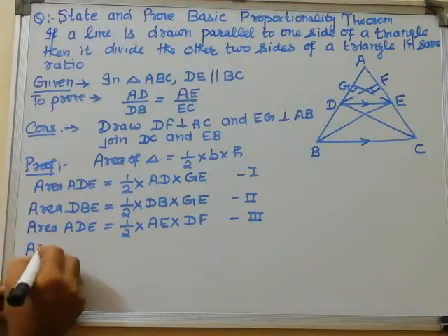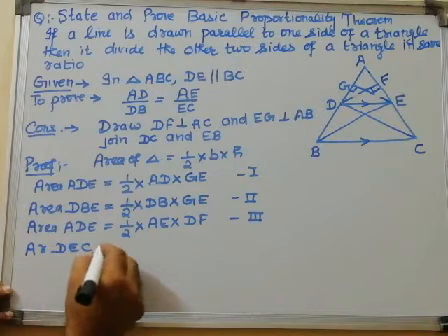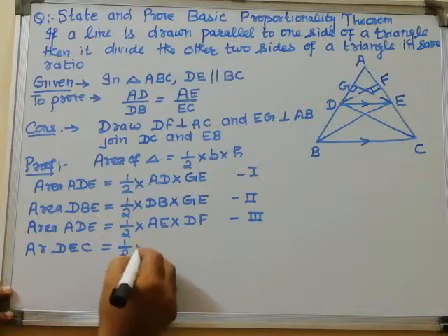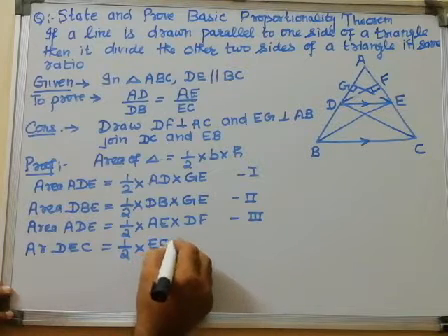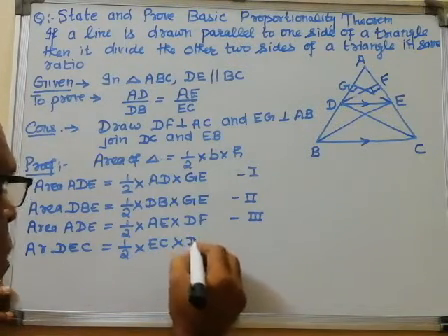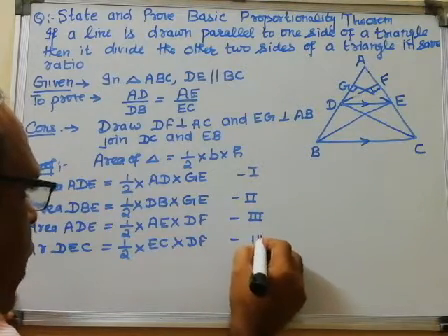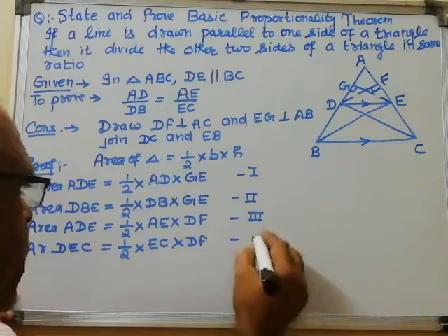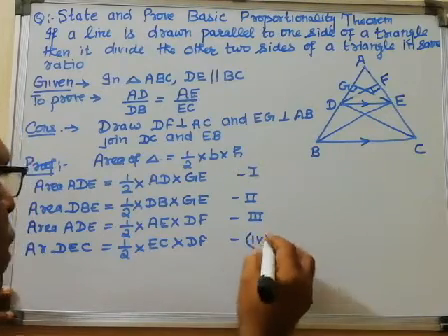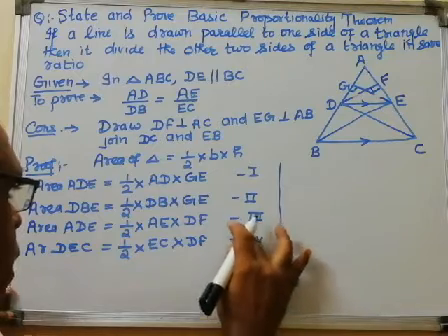Again area DEC, again half of base is EC now. Height of that triangle is also DF. Sometimes the height, the altitude, is outside the triangle in case of an obtuse angle triangle. So these four equations are there.